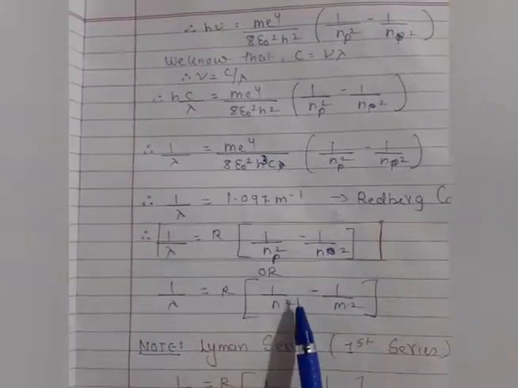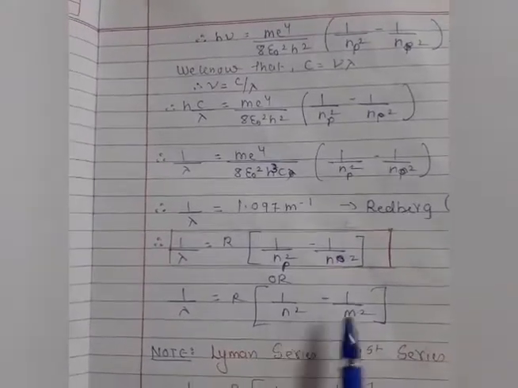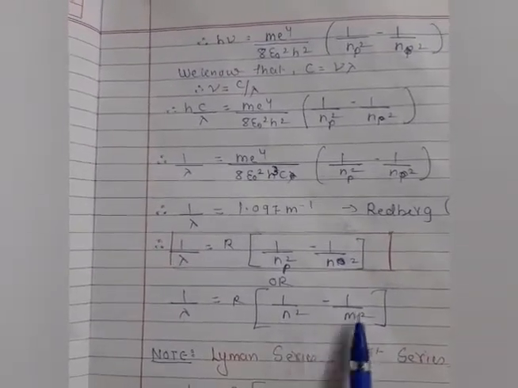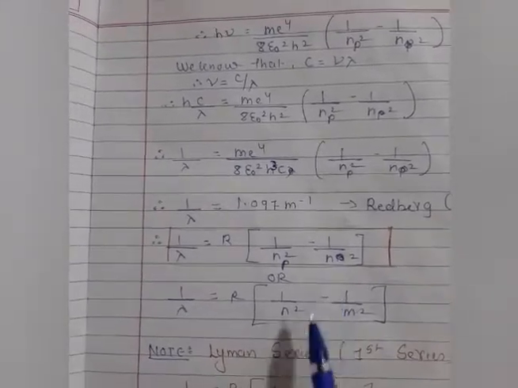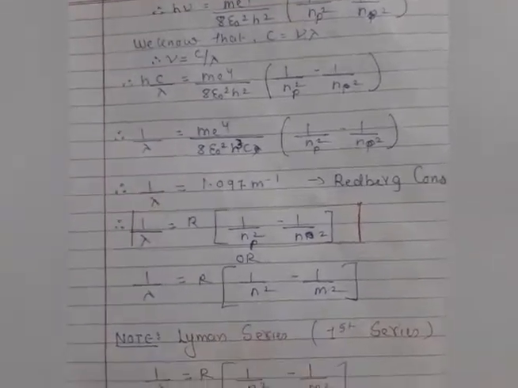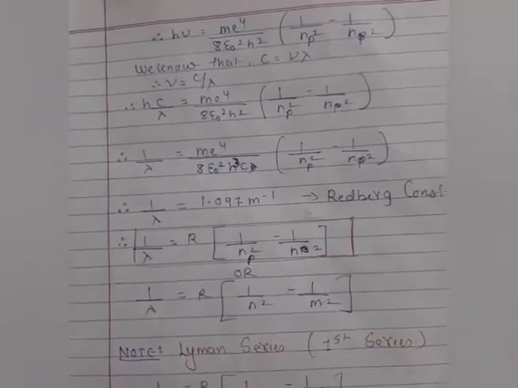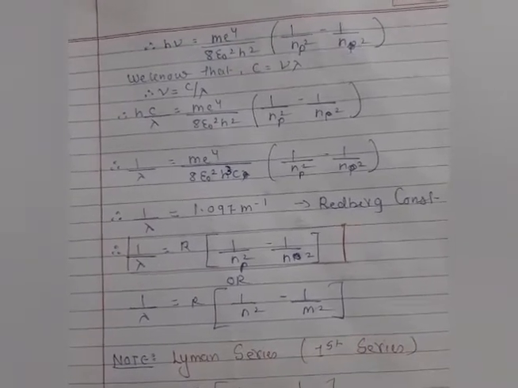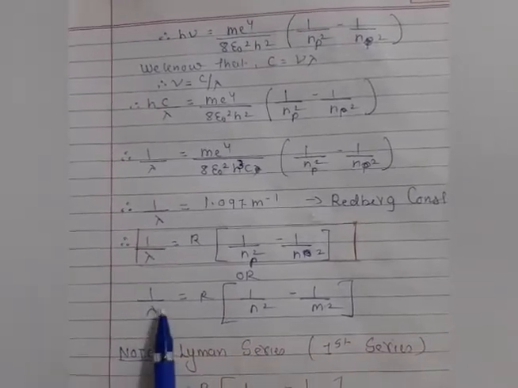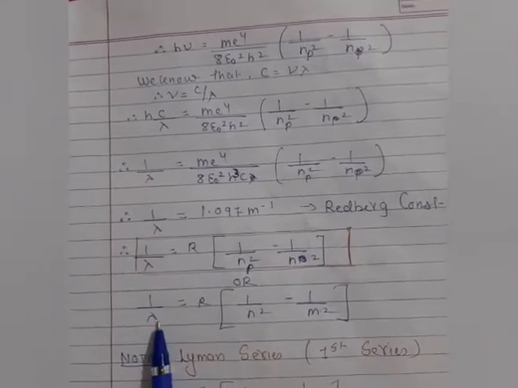In your textbook it is written as n square and m square, so you can take n or m. Here we are getting the very famous Rydberg formula for the different energy level series. This formula is very important for many numericals and for competitive exam students.